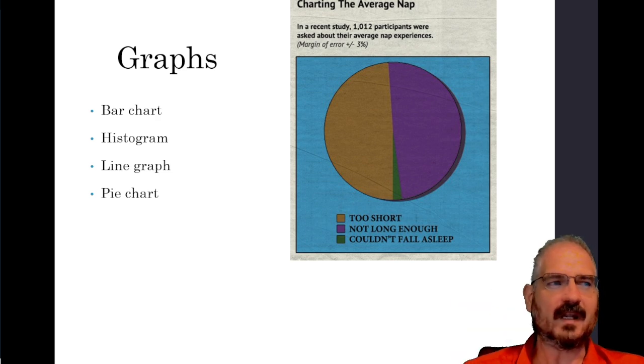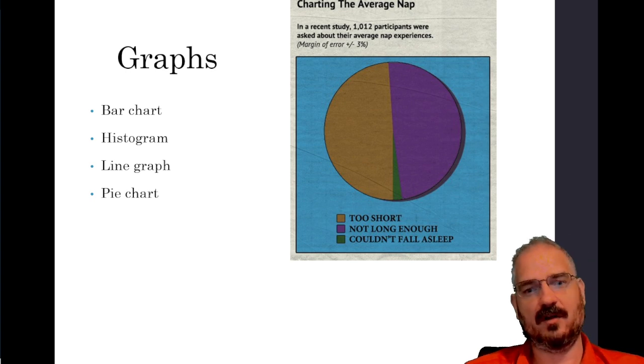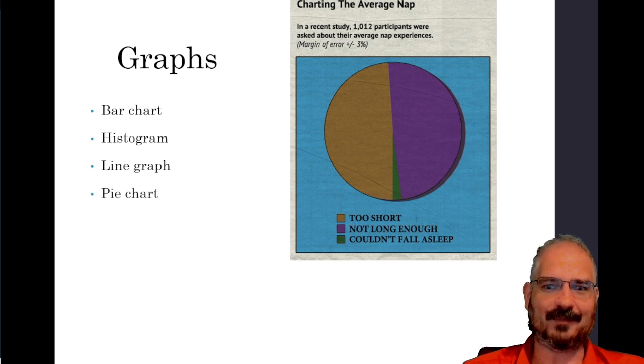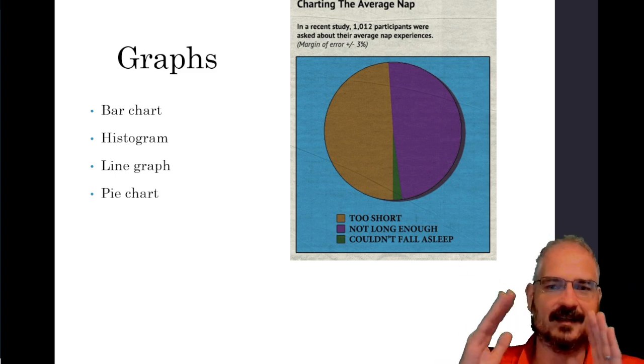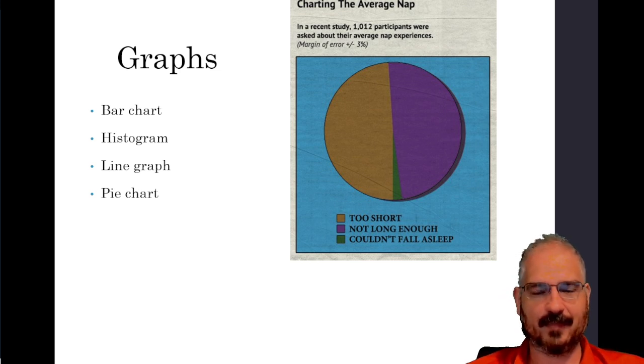So in this example here, we have what percentage of all naps were too short in orange, what percentage of all naps were not long enough in purple, and which percentage of all naps couldn't be completed because the person fell asleep in green. And their relative sizes are shown by their relative sizes in that pie chart.